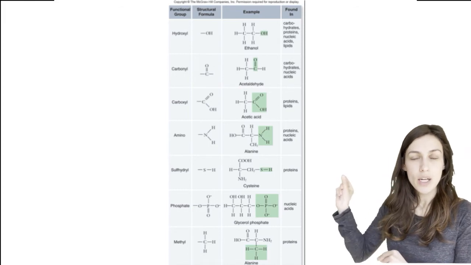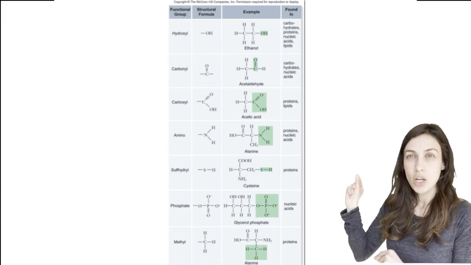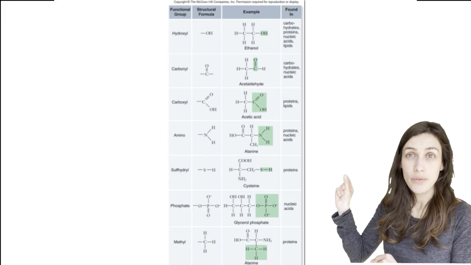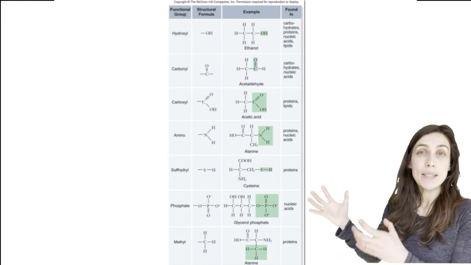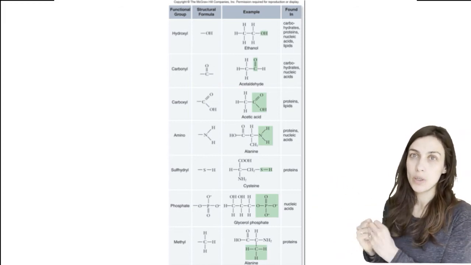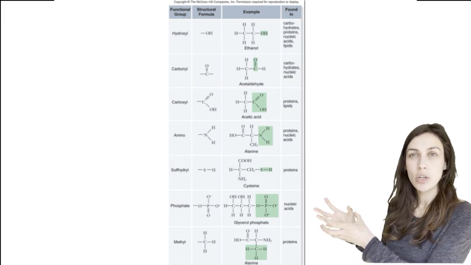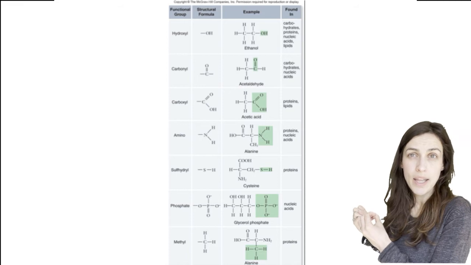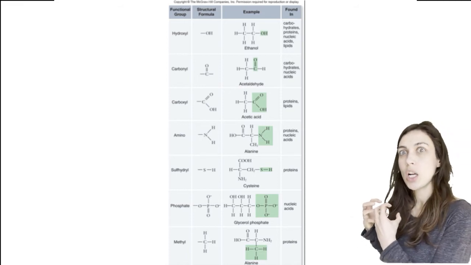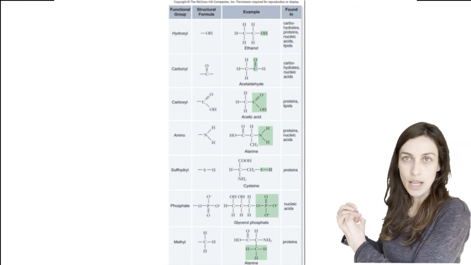So think of that oxygen there, and oxygen is very, very electronegative. It's pulling electrons toward itself. In fact, it's pulling the shared electrons from the hydrogen toward itself and the shared electrons from the carbon on the other side toward itself.